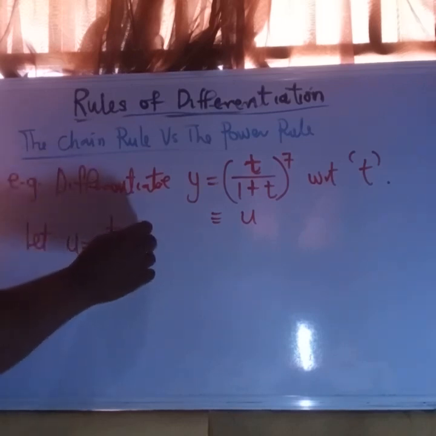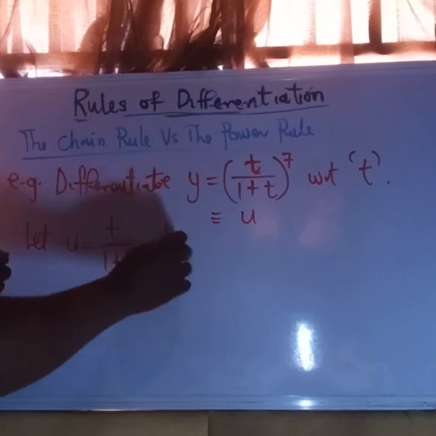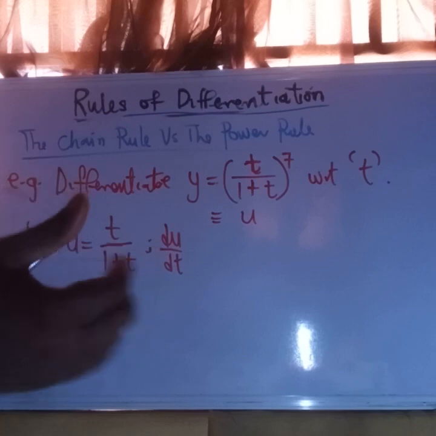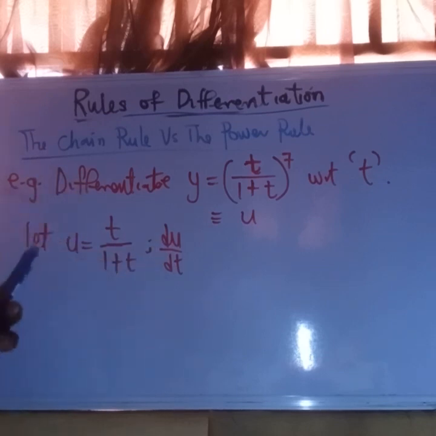Of course, we need to know what du/dt is. To get du/dt, we'll apply what we call the quotient rule. In our last video, we discussed that extensively.